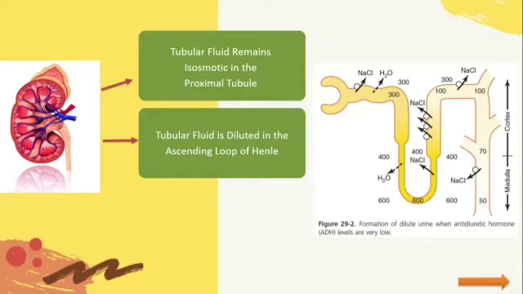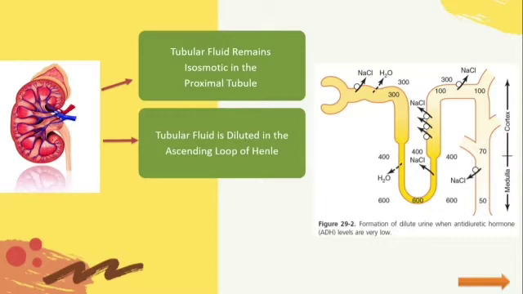As the dilute fluid in the early distal tubule passes into the late distal convoluted tubule, cortical collecting duct, and collecting duct, there is still additional reabsorption of sodium chloride. In the absence of antidiuretic hormone, this portion of the tubule is also impermeable to water, decreasing its osmolarity to as low as 50 milliosmoles per liter.